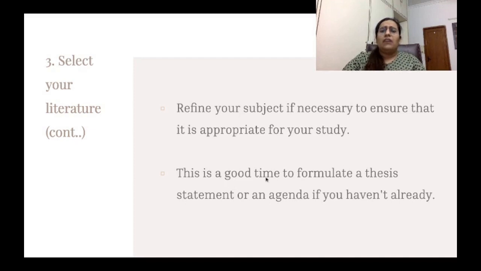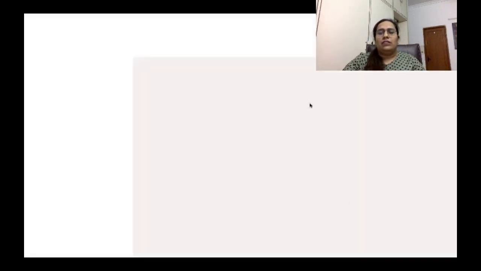When you are formulating a thesis or agenda, you need to have proper imagination or interpretation to have a proper agenda of yours. You can't take somebody's agenda into your agenda. Try to have your own imagination only.